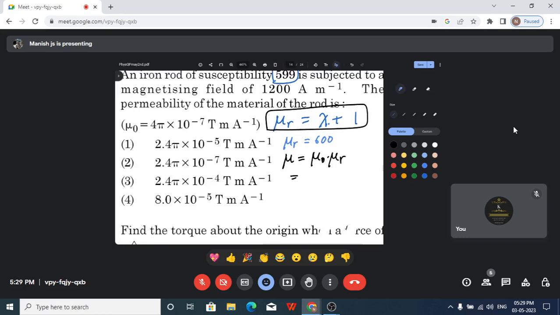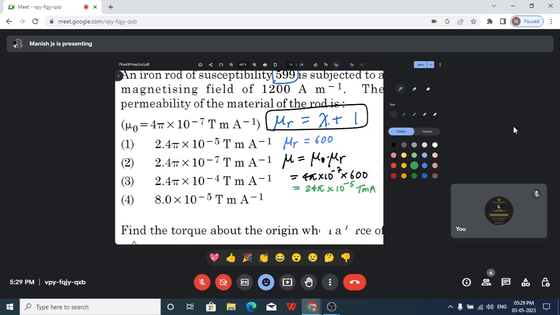Mu naught value is given in the question, 4 pi into 10 to the power minus 7, into mu r, which is 600. So simplify. Keep it in terms of pi. 6 4s are 24. So we can write this as 24 pi into 10 to the power of minus 5. Isn't it?